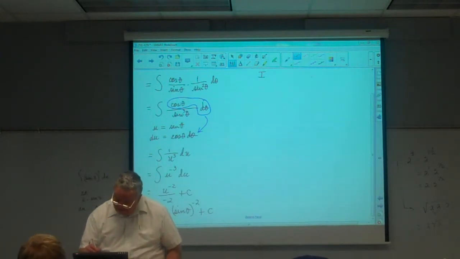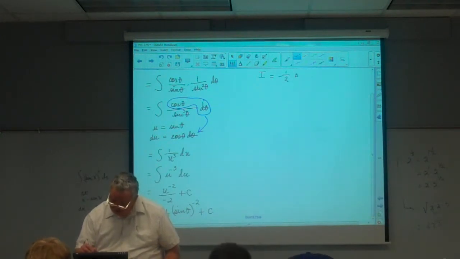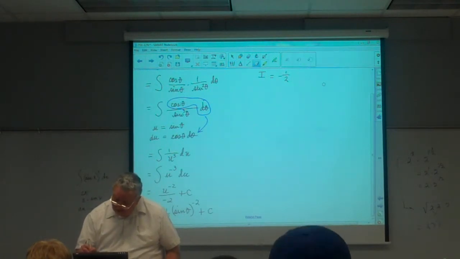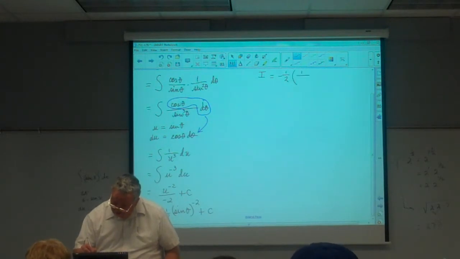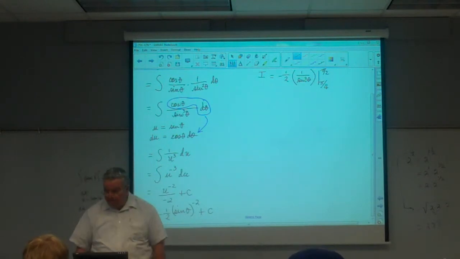So now I have I equal to minus 1/2 times 1 over sine squared theta evaluated at pi over 2 and pi over 4. Does that look better?